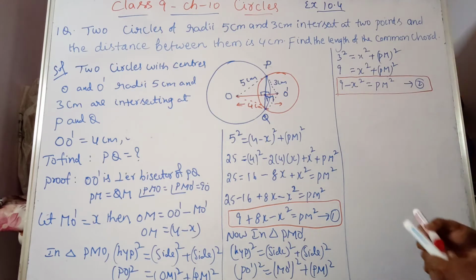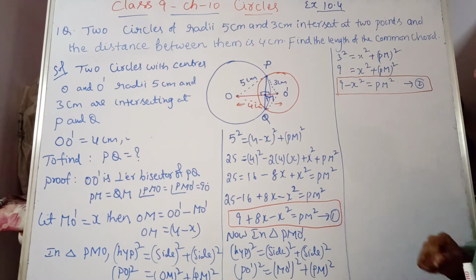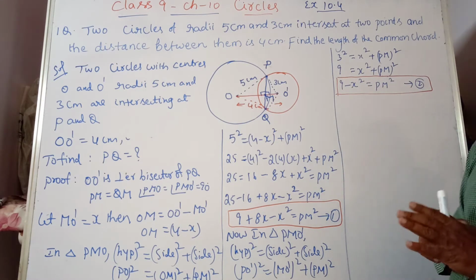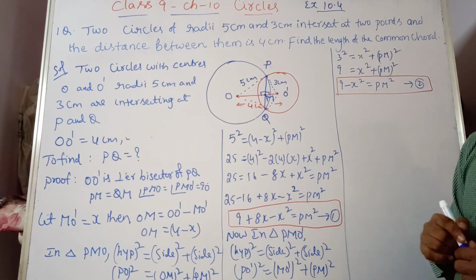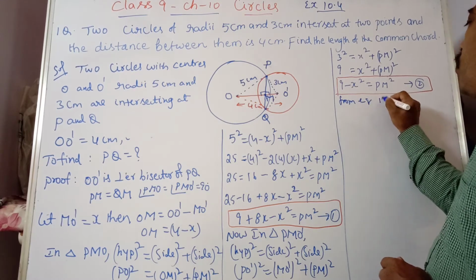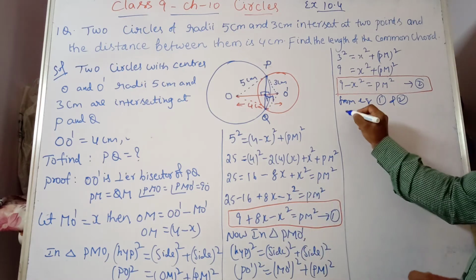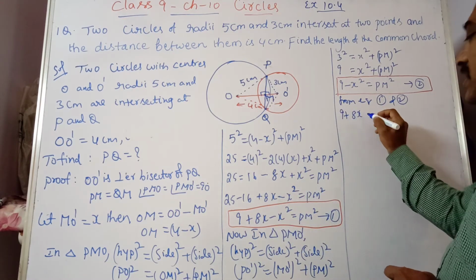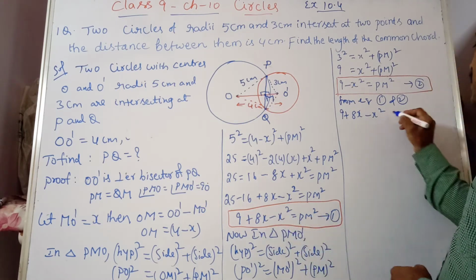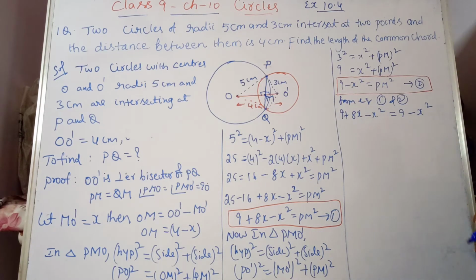What do you observe in both right hand sides? Both RHS are PM square, so the right hand sides are equal in both equations. We equate their LHS parts. From equations 1 and 2, we can say that 9 plus 8x minus x square is equal to 9 minus x square.